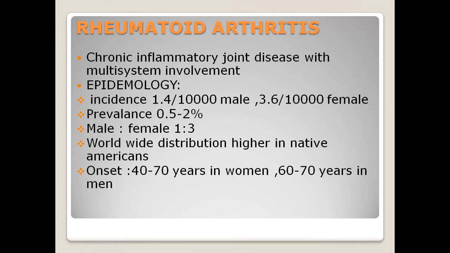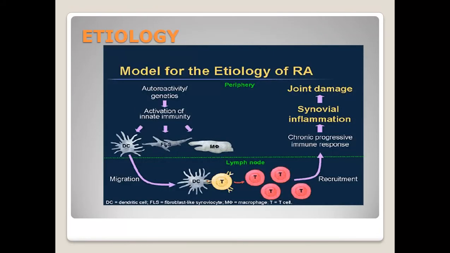The worldwide distribution is higher in Native Americans, and it's most commonly seen between 40 to 70 years in women and 60 to 70 years in men. So how is the etiology? There is autoreactivity or genetic involvement. It leads to activation of innate immunity and production of dendritic cells, fibroblasts, and macrophages.